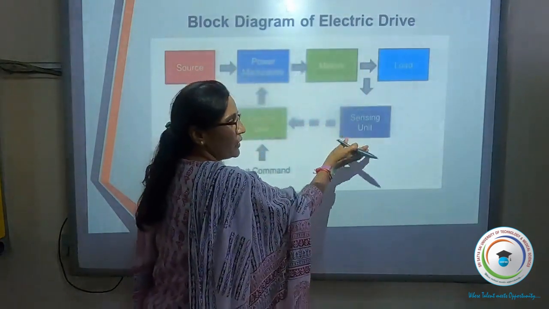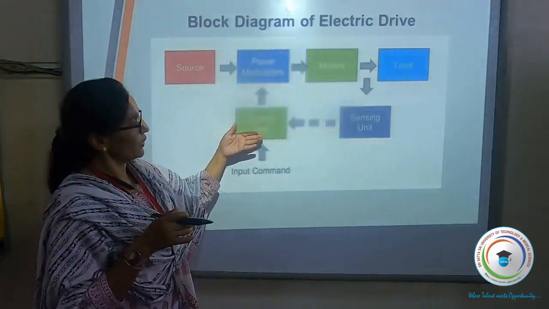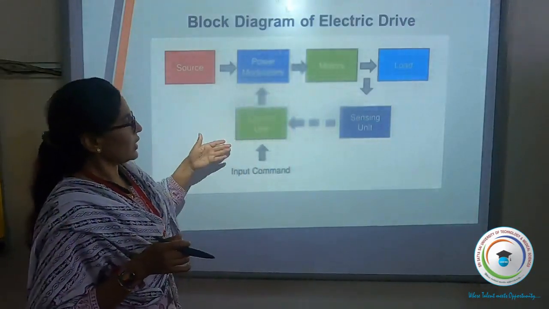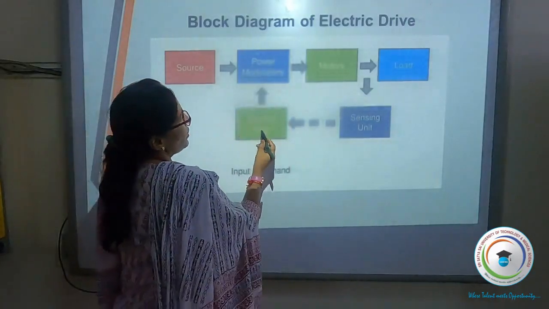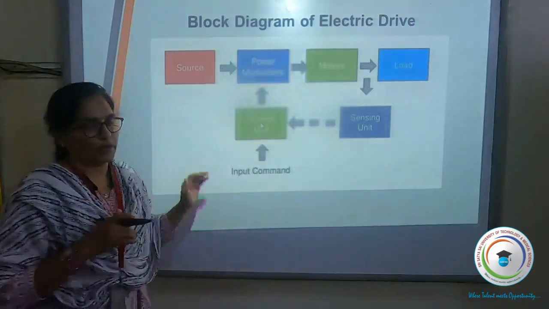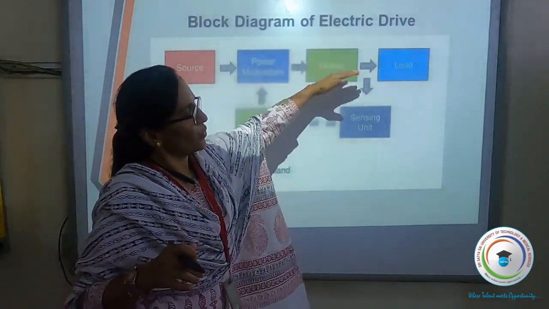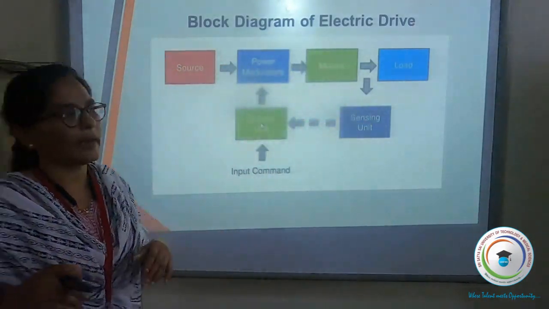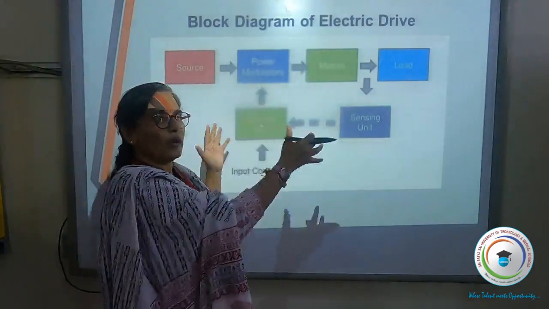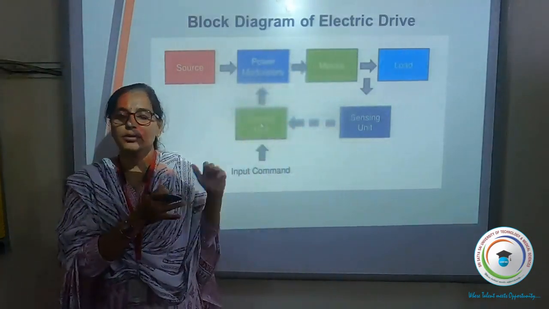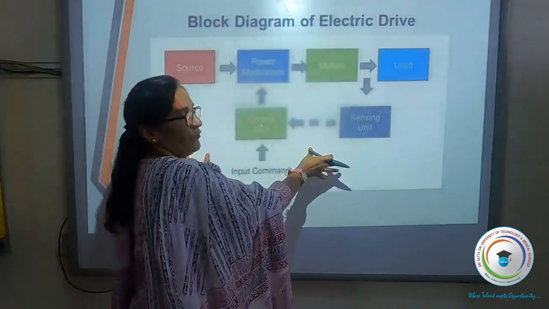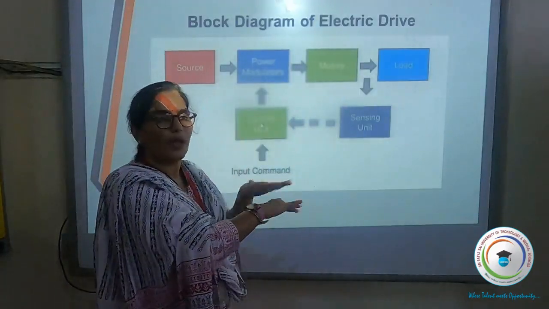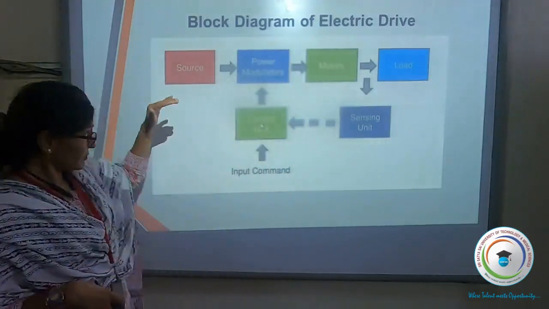Then one sensing unit is also there, and one control unit for giving the command. This control unit is connected to the power modulator. So this is a closed loop block diagram of an electrical drive system. The whole electrical drive system is based on this. If we understand this block diagram, the fundamentals are clear.